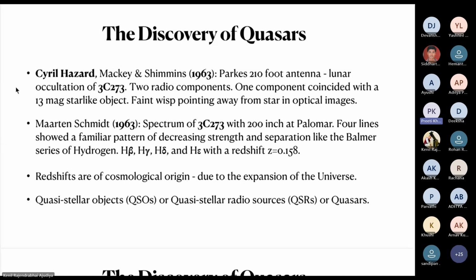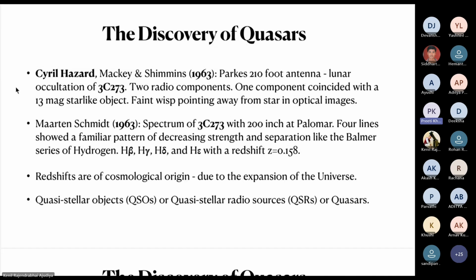One was a group in Australia, headed by Cyril Hazard, with Mackay and Shimmons, who were looking at the radio sky using the technique of lunar occultation with one of the biggest single-dish telescopes they had, the Parkes 210-foot antenna.